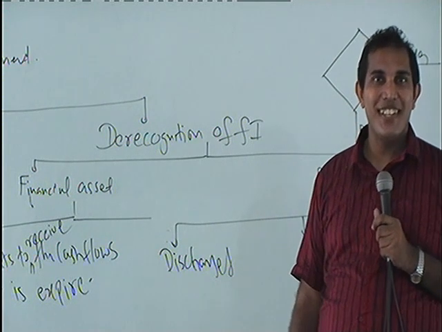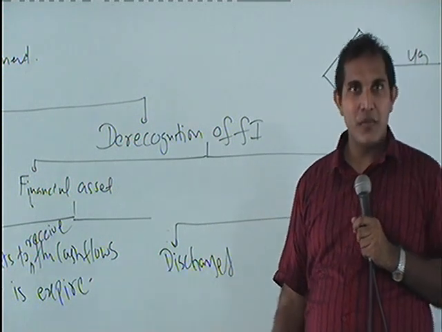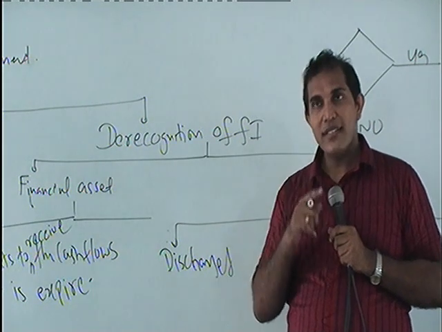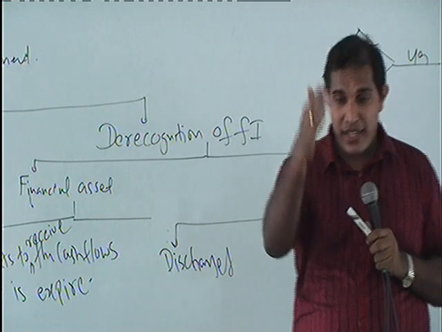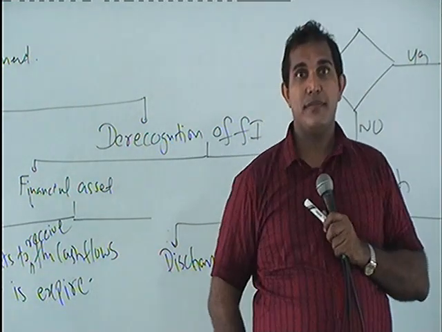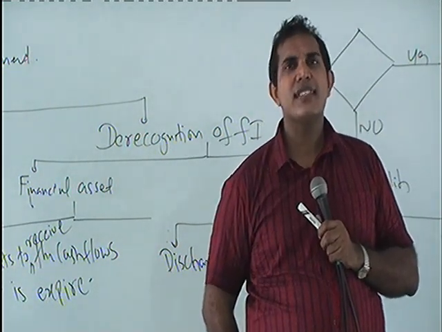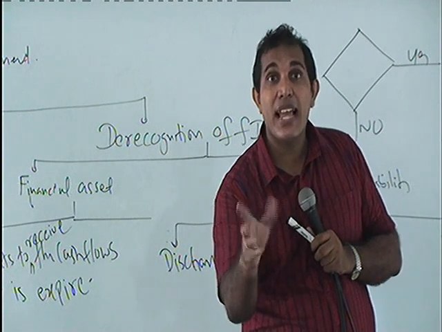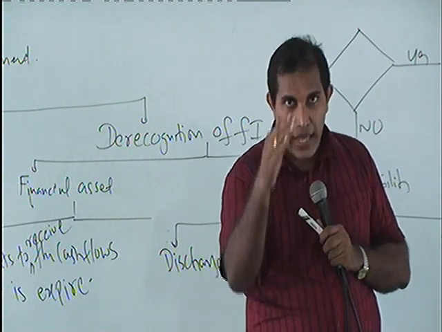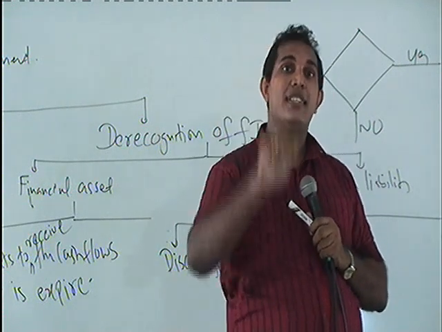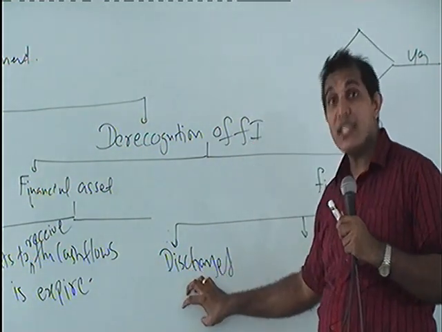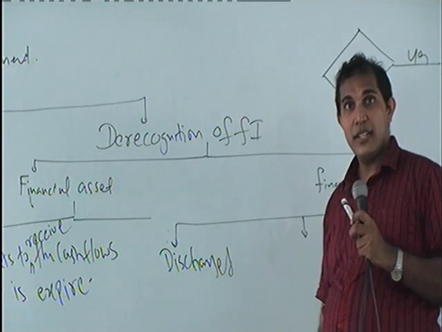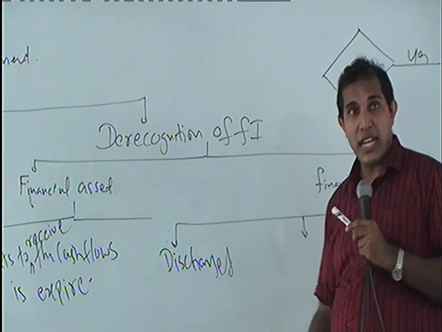Discharge means you can go home. Likewise, suppose we have a liability and we have a creditor. Discharge in the sense that when we settle that liability, at the date of settlement, that financial liability can be discharged. That is the meaning of discharge.